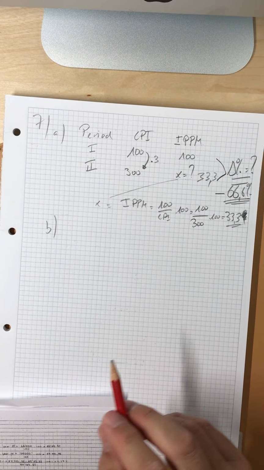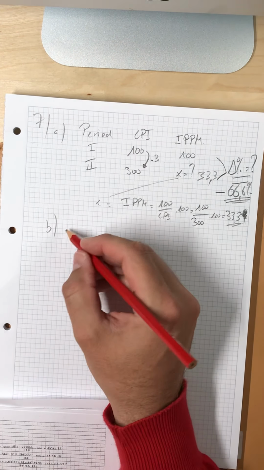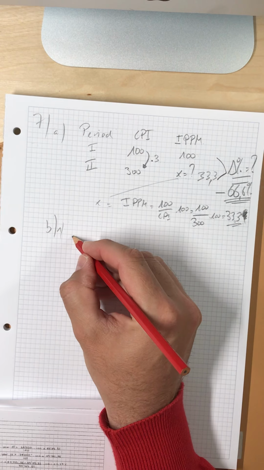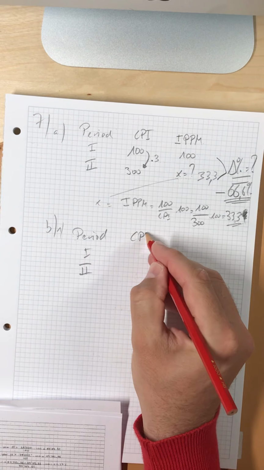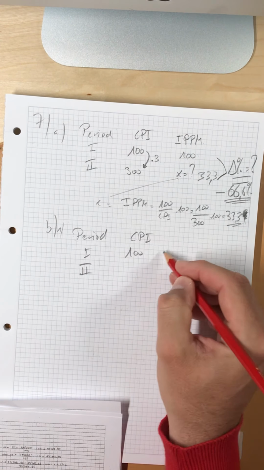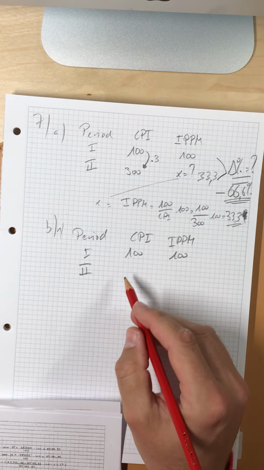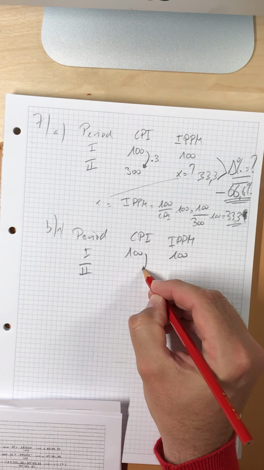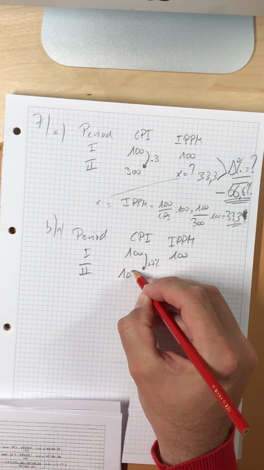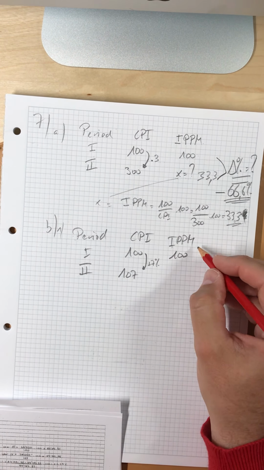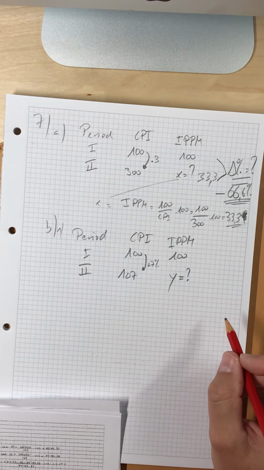Question B, compute the percentage change if you have a price level that has increased by 7%. So first B1 is period 1, 2, the CPI is 100 first year, IPPM also is equal to 100, and we know that the price level has increased by 7%, so the new CPI is equal to 107, and the question is calculate Y, the value of IPPM.